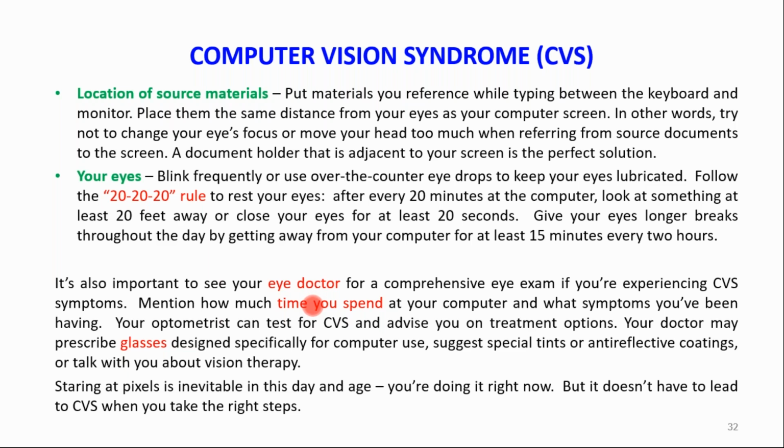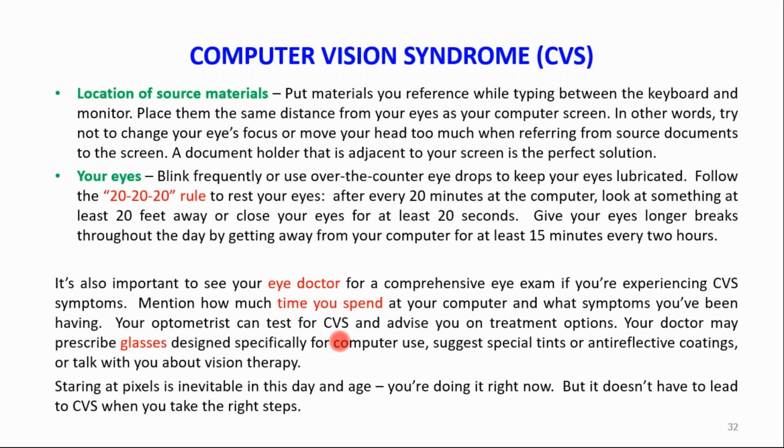How much time you have spent on the computer screen, how much time you sit on the chair, what exactly the workstation is, how the facilities are, how the lighting facilities are, how the ventilation and the comfort zone are. All these things should be discussed with your doctor, because if all these things are clear to your doctor, then and only then he or she can give you the exact solutions, like particular glasses for your computer use.